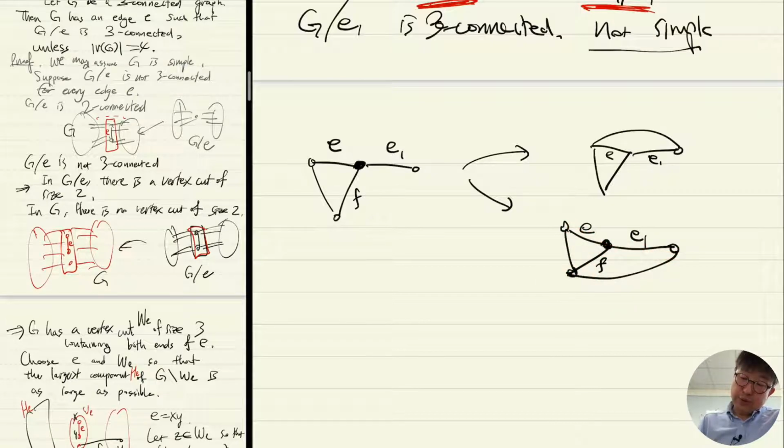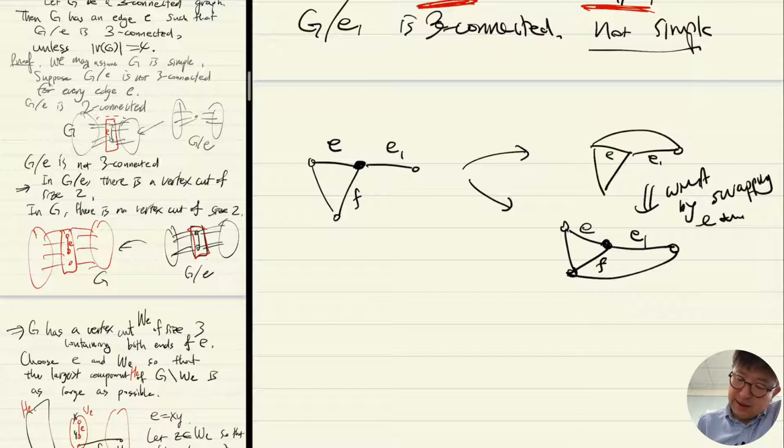So what I will care about is that the last edge, E1, is an edge whose contraction is 3 connected. So let me focus on this configuration, because in this configuration I'm going to swap these two edges. So we may assume, by swapping E and F, and I will tell you why this is okay, because I'm going to define precisely what kind of substructure we're going to construct by this proof.